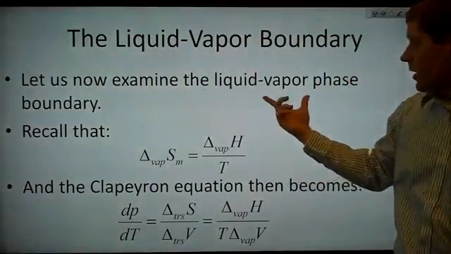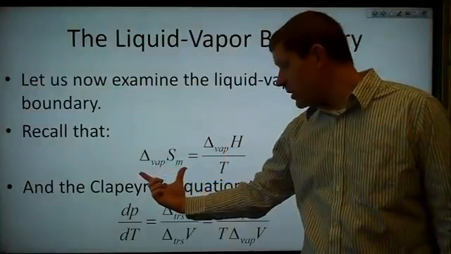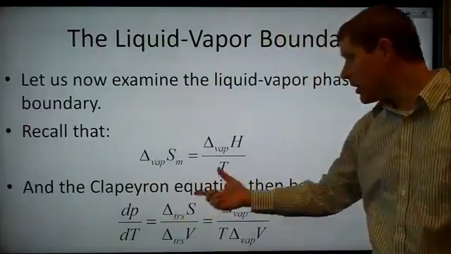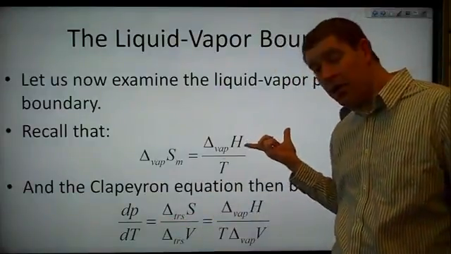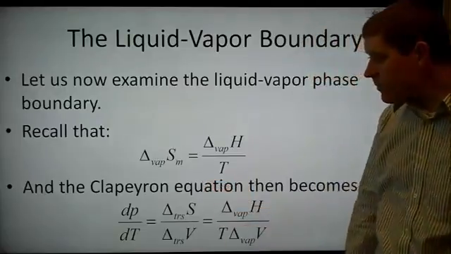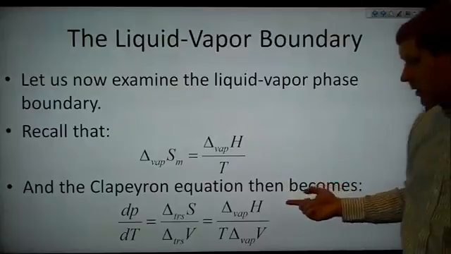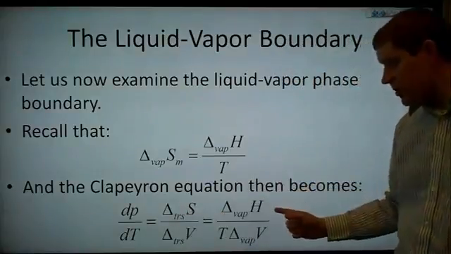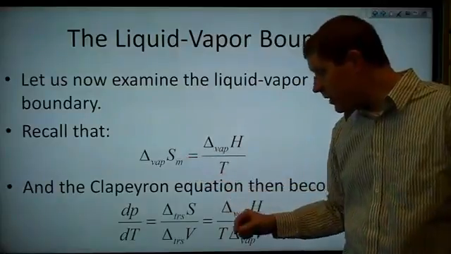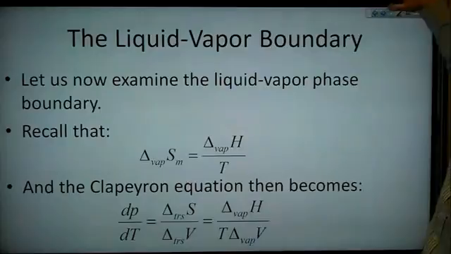All right, so now let's look at the liquid vapor phase boundary. So remember that the molar entropy change for vaporization is equal to the enthalpy of vaporization divided by temperature. And then the Clapeyron equation, which was this, we can then substitute in for our molar change in entropy for vaporization to get this.